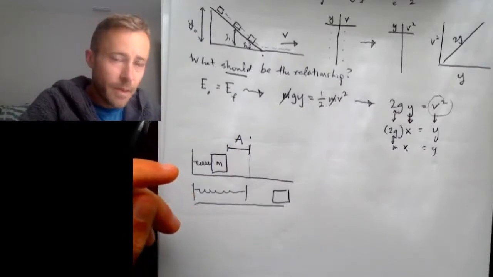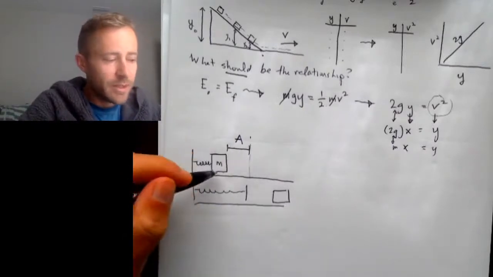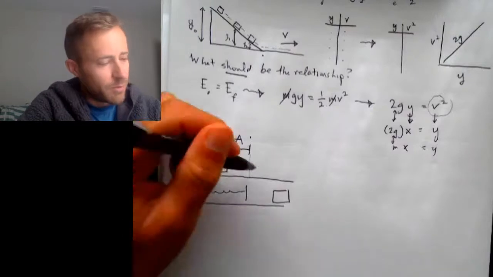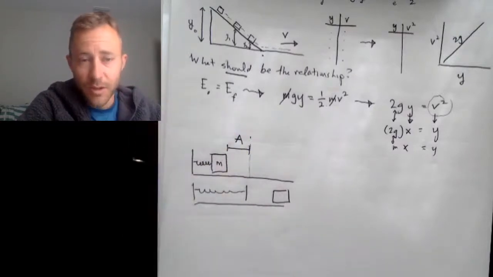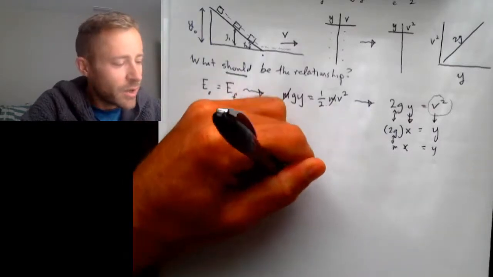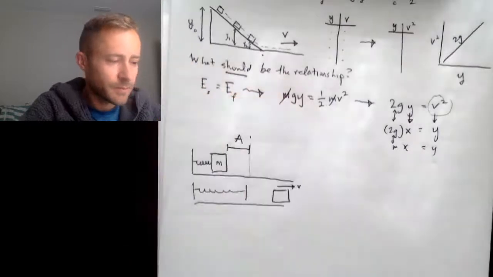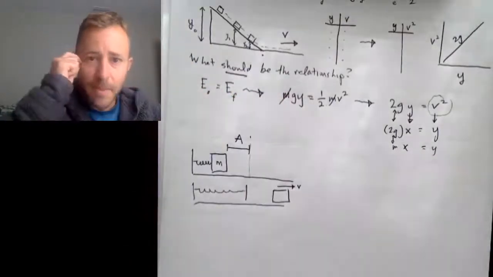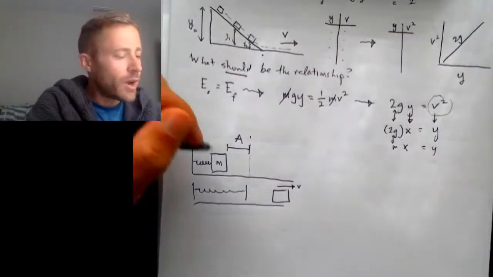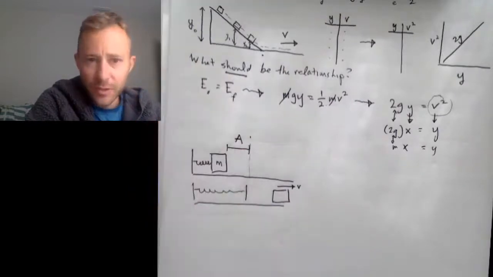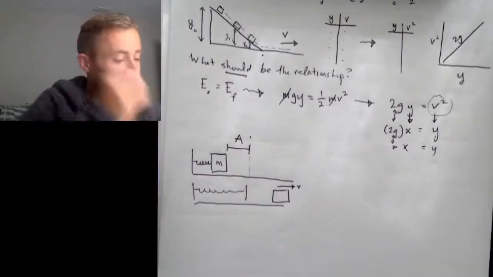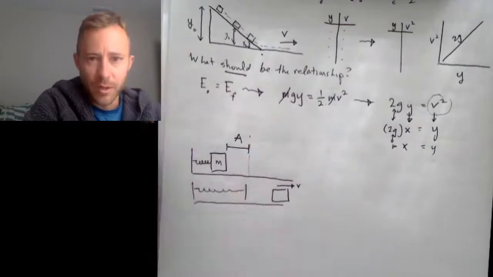Or we could keep the same thing and compress the spring by different amounts. All right. But in any case, we're going to measure how fast it is going. So I'm going to say that we keep the mass the same, but we compress the spring by different amounts.